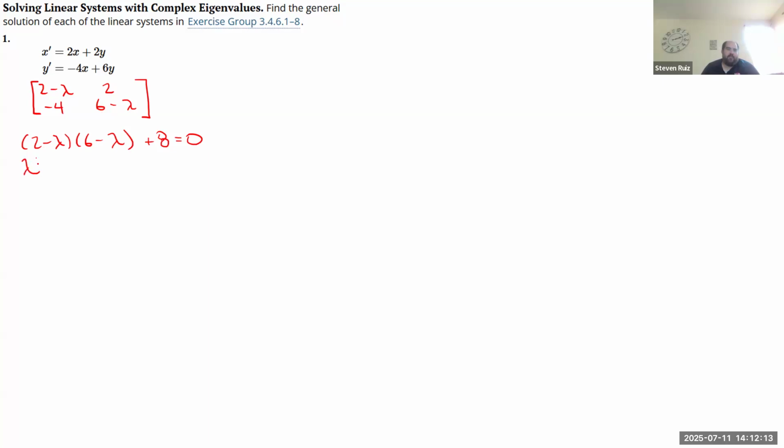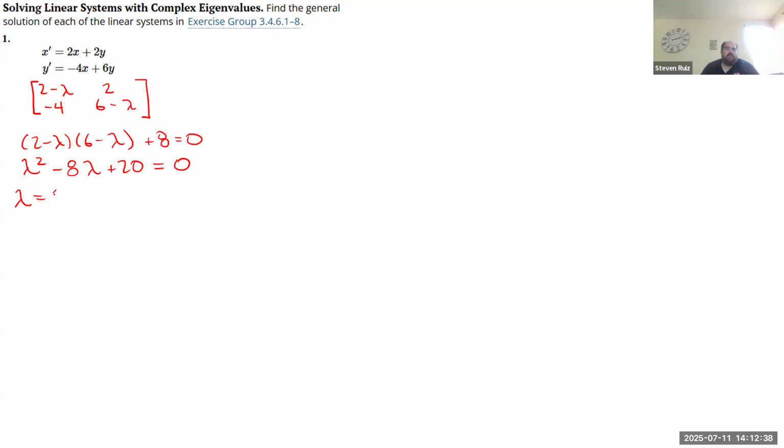Lambda squared minus 6 lambda minus 2 lambda, so minus 8 lambda, plus 12, plus 8, so plus 20 equals 0. I don't believe this factors, so let's go ahead and use the quadratic formula.